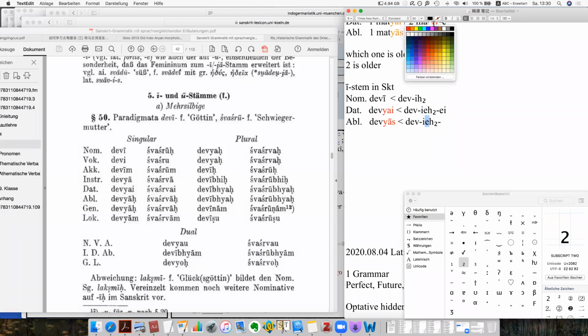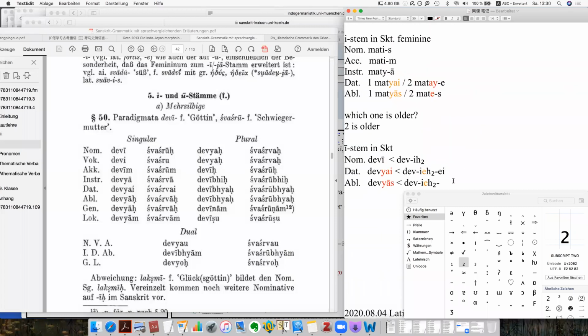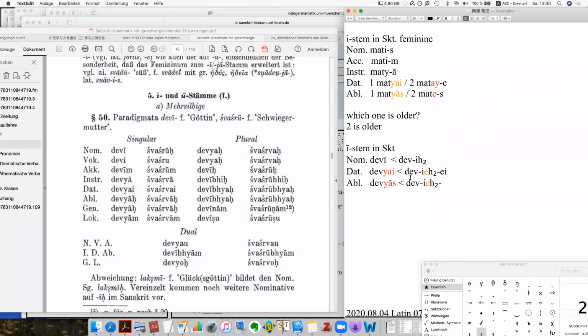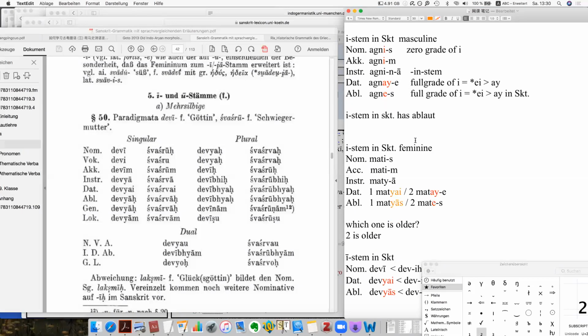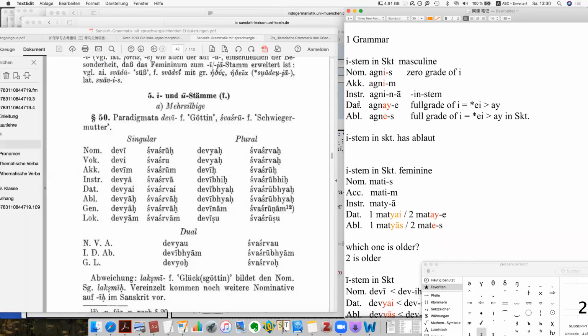Take a look. This is very important. You have to keep in mind. So the logic is actually the same. For E stem, or for short E stem or for long E stem, dative ablative has ablaut.